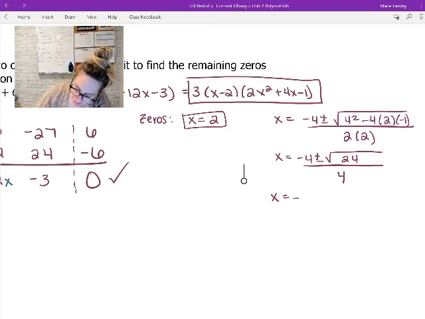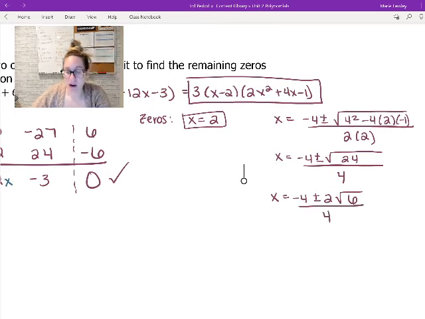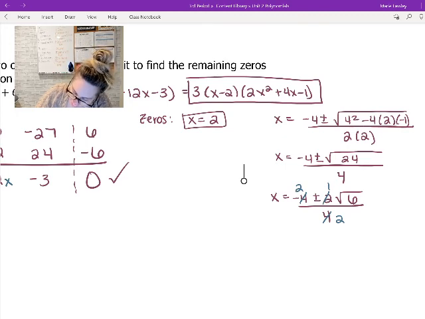So I can rewrite this as negative 4 plus or minus 2 square root of 6 all over 4. Now, since I can divide each one of my coefficients by the same number, I can go ahead and simplify. So I can divide all 3 of these by 2. That gives me 2, that gives me 1, and that gives me 2. So simplified, negative 2 plus or minus the square root of 6 over 2.